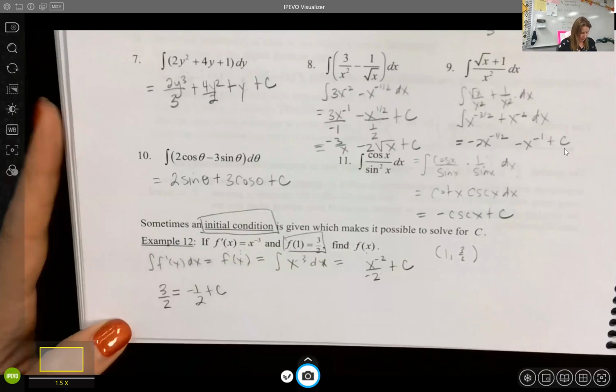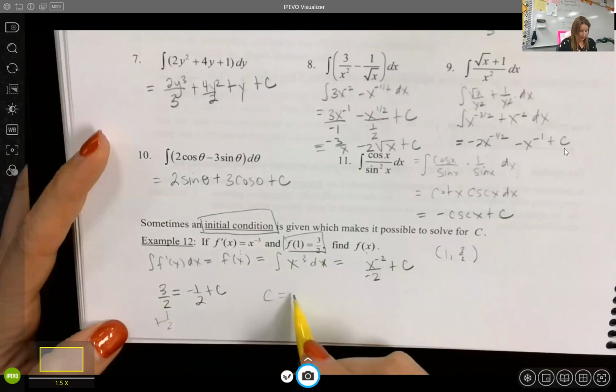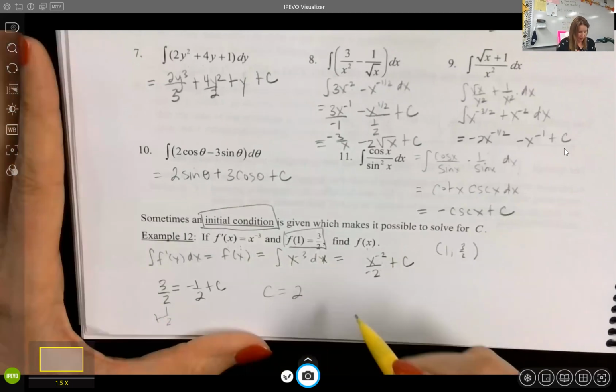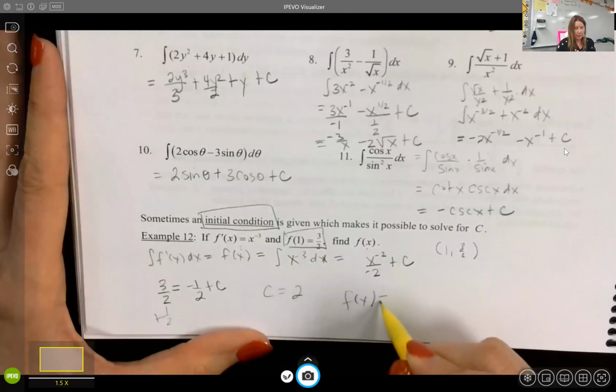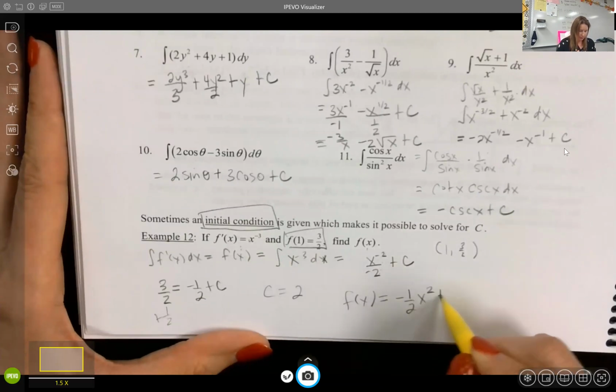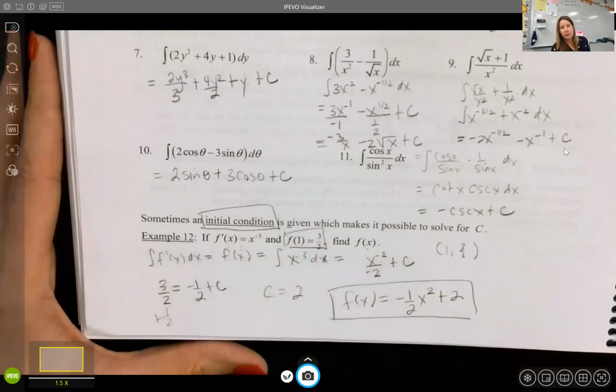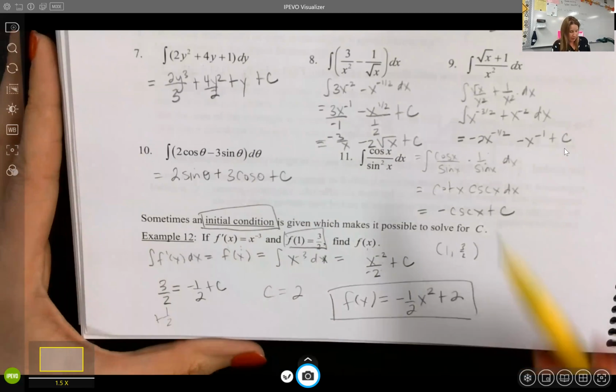So I add the half over, and you get c equals 4/2, which is 2. So my actual equation all the way through is going to be negative 1/2 x squared plus 2. And I found that exact function, not a family of functions, just an exact function, okay?